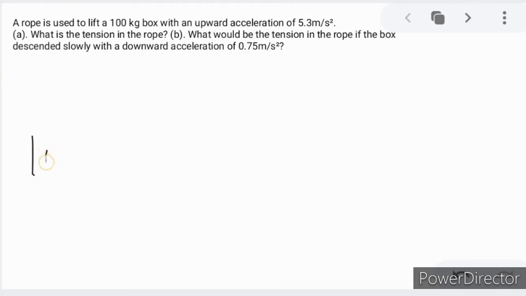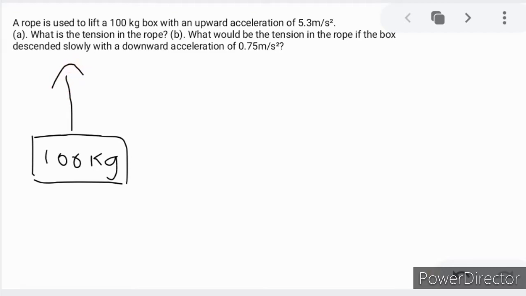In answering tension force problems, it is a really big help to know the free body diagram. So here is the box, which is 100 kilograms, and we have the tension, which is what we are looking for.